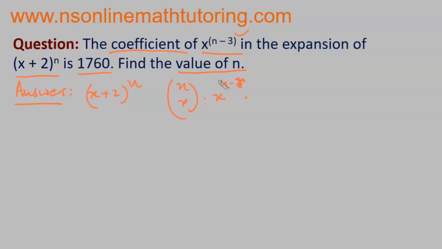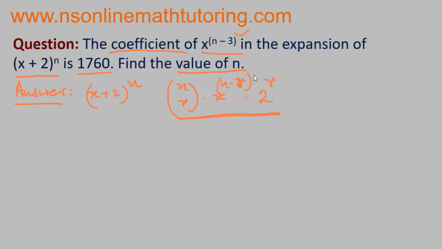It is n minus r, not 3. So, n minus r times 2 to the power of r.